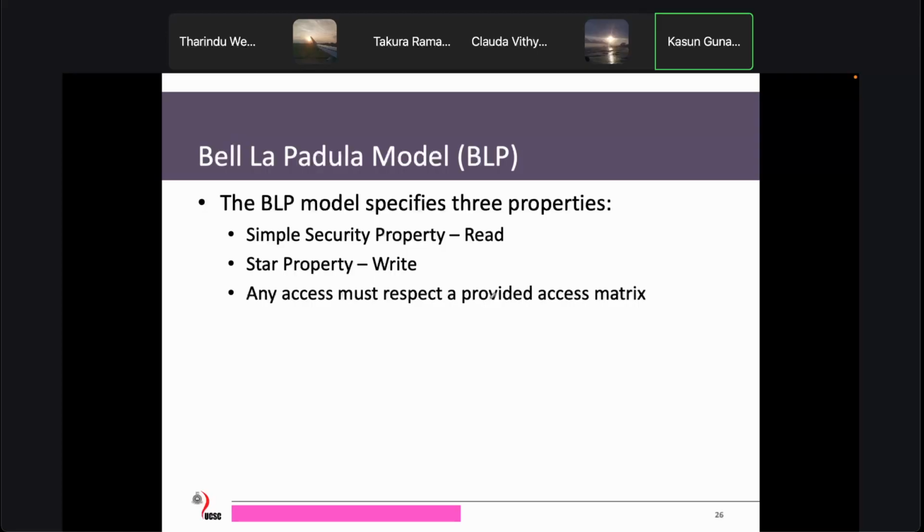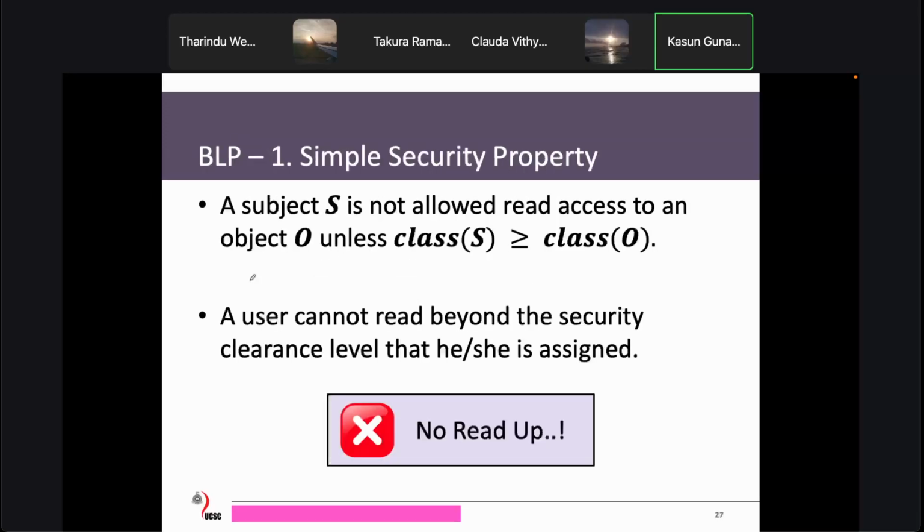The BLP model introduced the simple security property and the star property. The simple security property is about reading, how we allow reading, and the star property is about writing, how we allow writing. The simple security property says a user cannot read beyond the security clearance level that she is assigned.